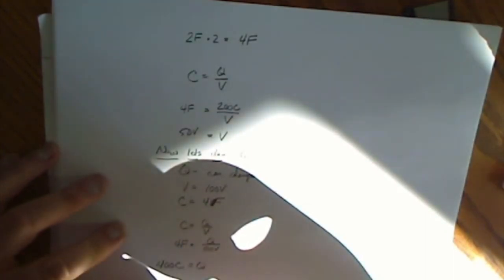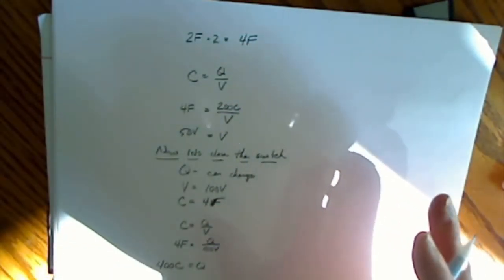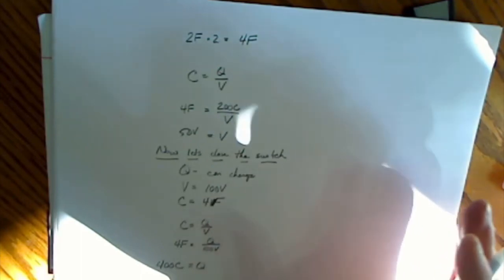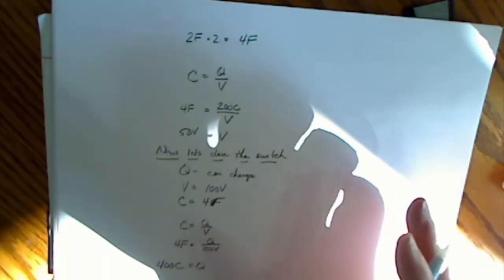So now my charge is going to turn out to be 400 coulombs. Really a crazy amount of charge, but it does make some sense. Okay? We'll hold off there.